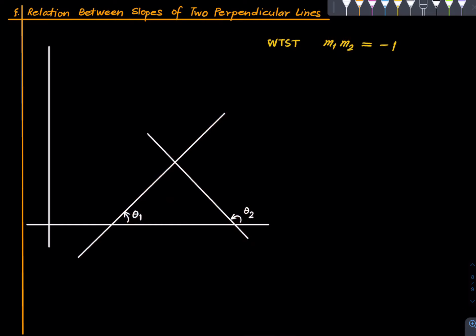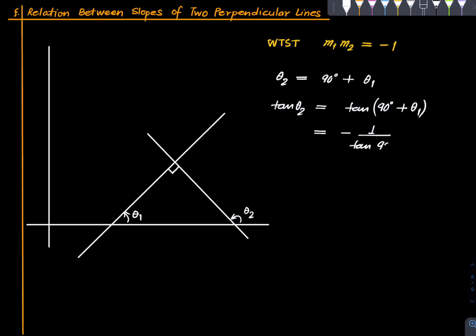So this is what we want to show, but this is obvious, because what is theta 2? Since these two lines are perpendicular, theta 2 is 90 degrees plus theta 1, everything is in degrees. So tan theta 2 is tan of 90 plus theta 1, which is minus 1 upon tan theta 1, just basic trigonometry.